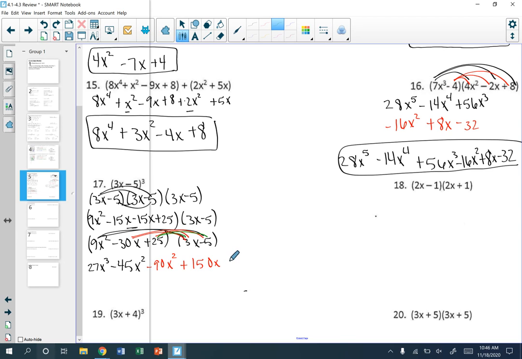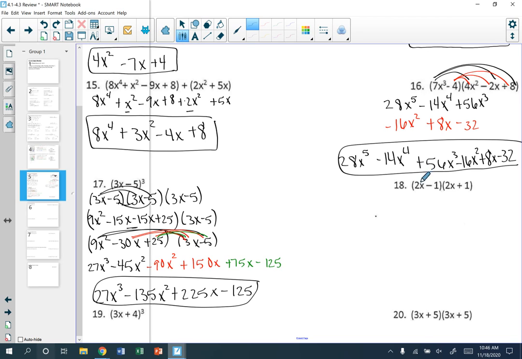All right, and I get plus 75x minus 125. Okay, now we're going to go ahead and combine our like terms, and we get 27x cubed minus 135x squared plus 225x minus 125.